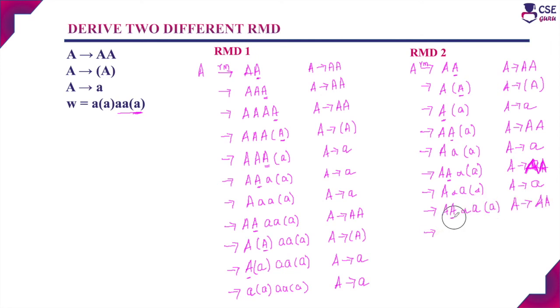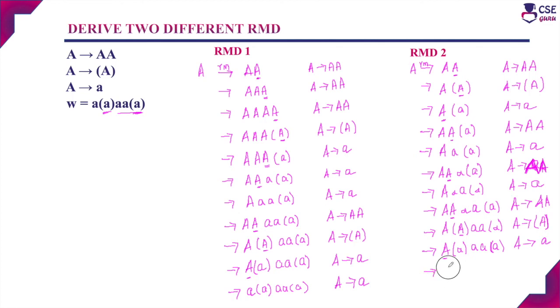Choose the rightmost non-terminal and apply the production rule. A derives open bracket A close bracket, since we need to get this input. Choose the rightmost non-terminal and apply the production rule. A derives A. Now only one non-terminal symbol is there.